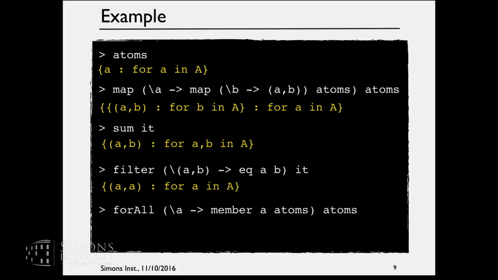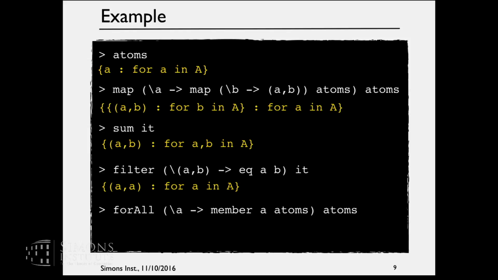Let me stress at this point that if you know Haskell, you may think for a moment that our ability to deal with infinite sets here is nothing new, because Haskell had infinite lists to begin with. But that's a very different data structure from what we're dealing with here. So for example, this set of atoms is very different from an infinite list that enumerates all atoms.